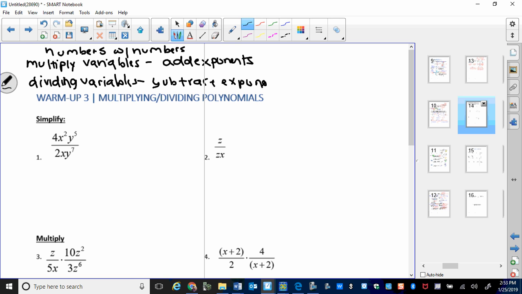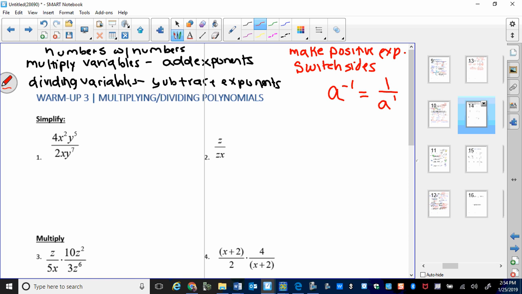And always, we want exponents to be positive. So make positive exponents. You switch sides. So let's say I have a to the negative 1. I want this to be a positive exponent, so it becomes 1 over a to the 1 power.